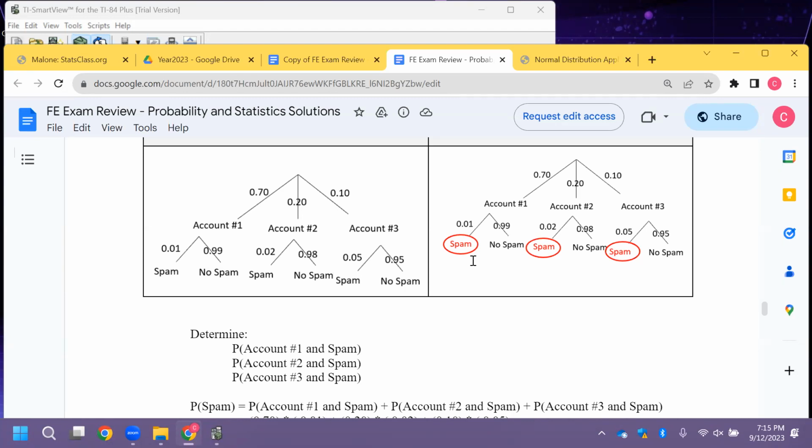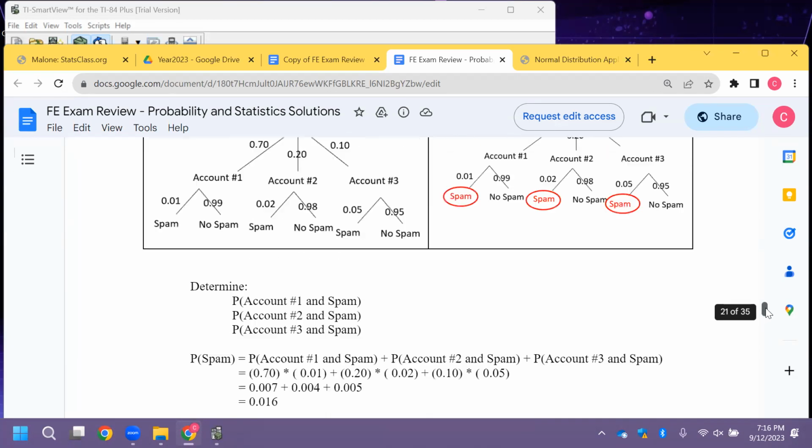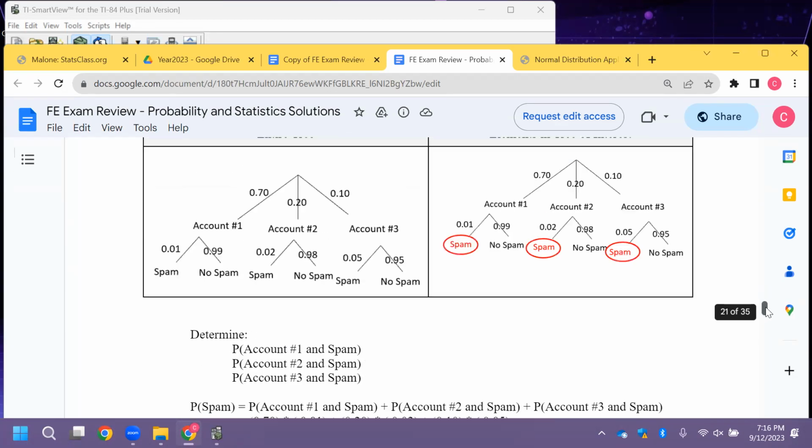So this is a total probability because I'm trying to figure out the chance of spam, not just on one account, but across 3. Okay, so that's a total probability idea there. And again, the way to attack this, at least how I would attack it, is through the use of these trees, because then I can clearly see how things are going to come together for me.